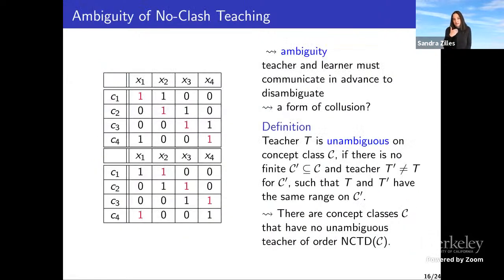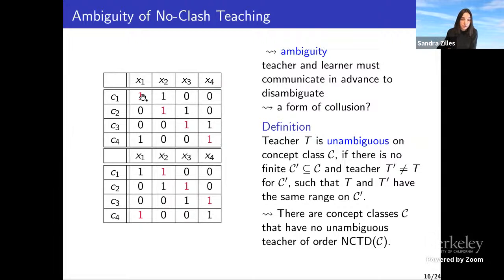But there's one thing that bugged us about the no clash teaching dimension when we studied it, and that was a funny ambiguity effect that we observed. So here's a very simple concept class, 4 instances, 4 concepts. The concepts are just intervals of length 2 on this domain. If we look at this concept class here, I've marked in red a potential choice of non-clashing teaching sets.